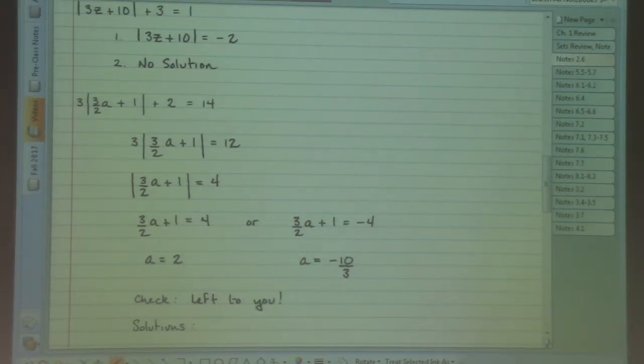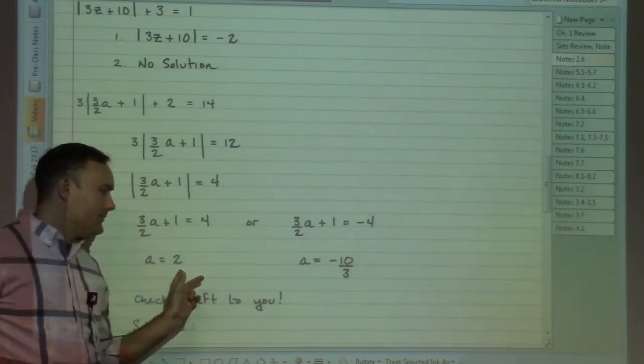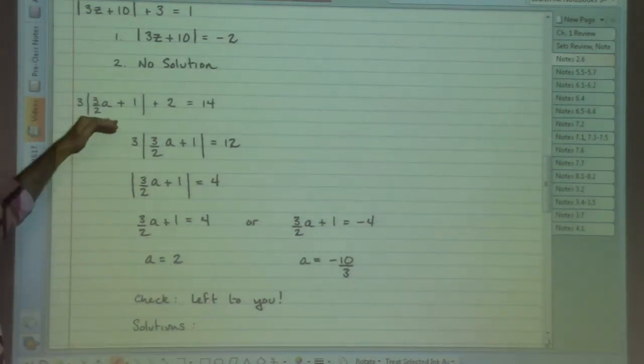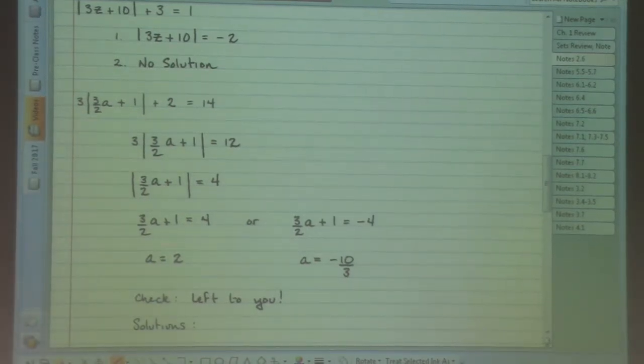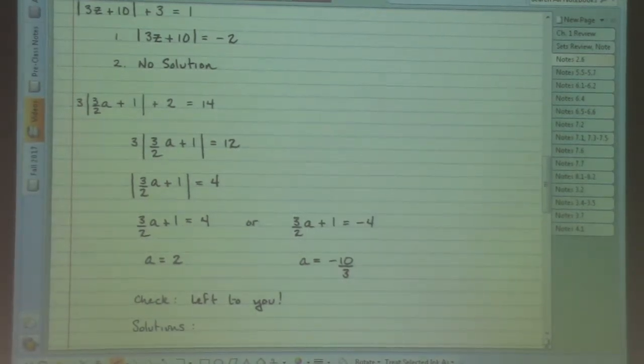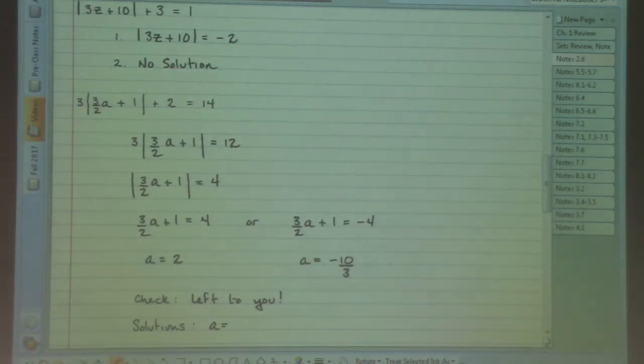But if we go ahead and do that, then we should find that either by hand or with the assistance of our calculator, each of these answers plugged into the original equation would work out correctly, and we would have two solutions, a = 2 and a = -10/3.